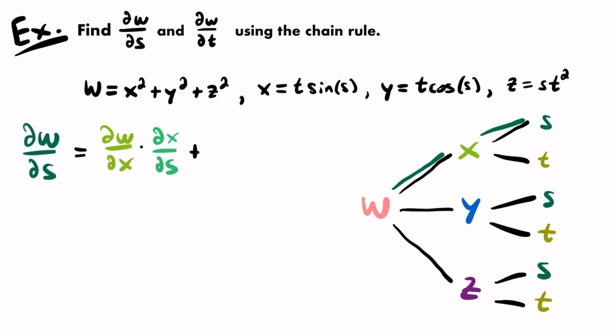And then we will add that to the next path that would take us to another s within the tree. And so another one would be this path here from w to y, and then from y to s. So we would take a partial of w with respect to y, and then multiply that by a partial derivative of y with respect to s.